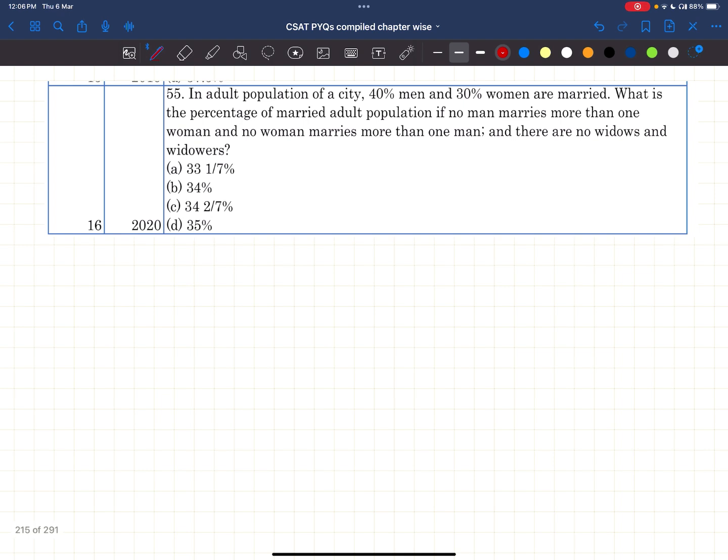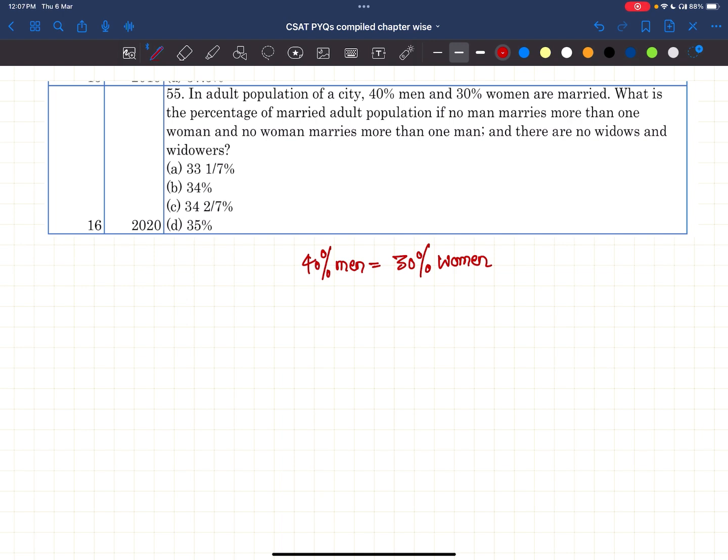In an adult population of a city, 40% men and 30% women are married. What is the percentage of married adult population if no man marries more than one woman and no woman marries more than one man and there are no widows and widowers? See, that means 40% of men married equals 30% of women married, because no polygamy, no widows, no widowers.